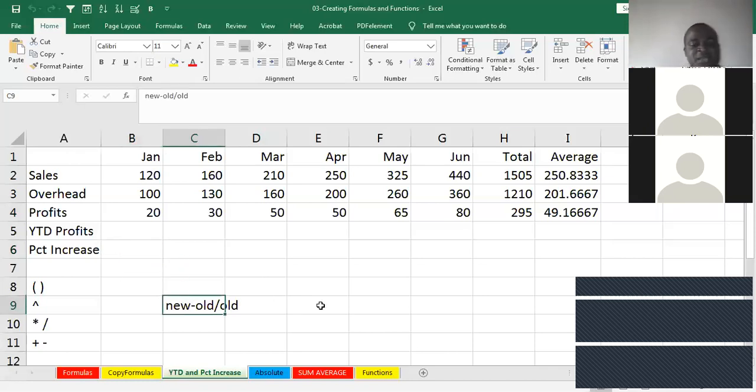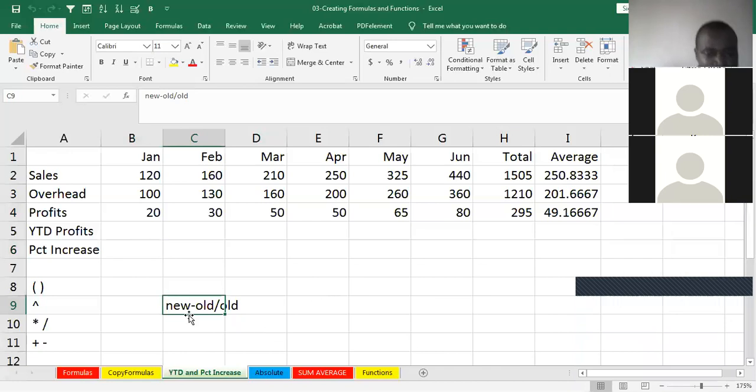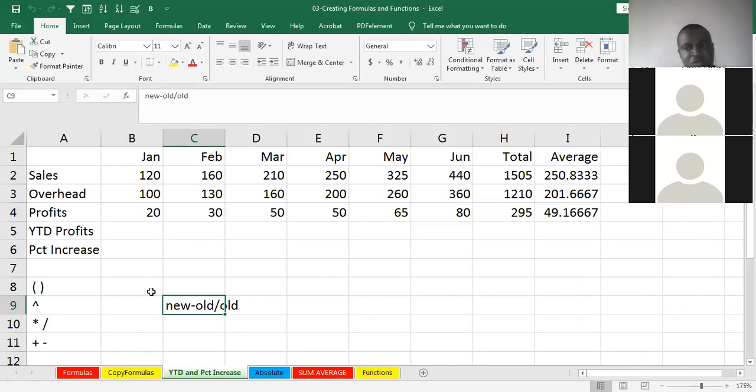It says the new amount minus the old amount divided by the old amount. Are we together? I would like everybody to respond if you are getting what I'm saying, so I will know that we are together.